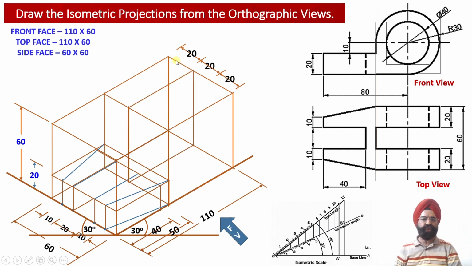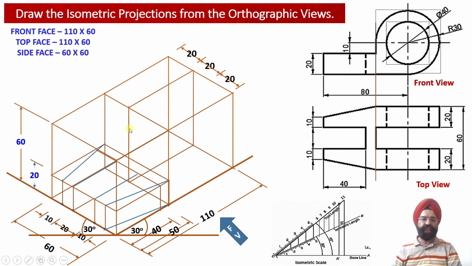At a distance of 20 millimeter, we can check one isometric projection line measuring 60 millimeter, and another isometric projection line measuring 60 millimeter, at a distance of 20 millimeter from the left face of the solid. It has been constructed, and these two isometric projections measuring 60 millimeter have been drawn parallel to the isometric z-axis.